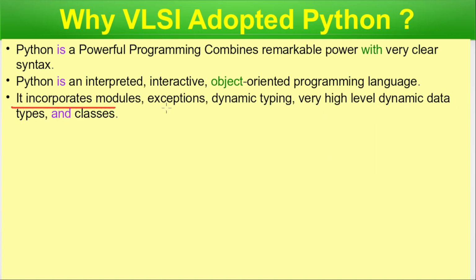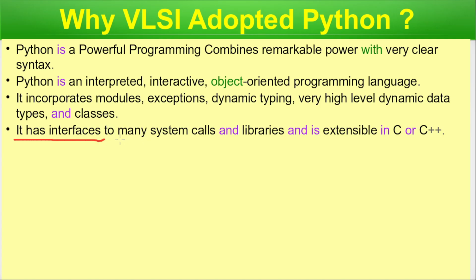It incorporates modules, exceptions, dynamic typing, very high level dynamic data types and classes. So this is the inner resource of Python that we have just pointed out. It has interfaces to many system calls and libraries and it is extensible to C or C++.